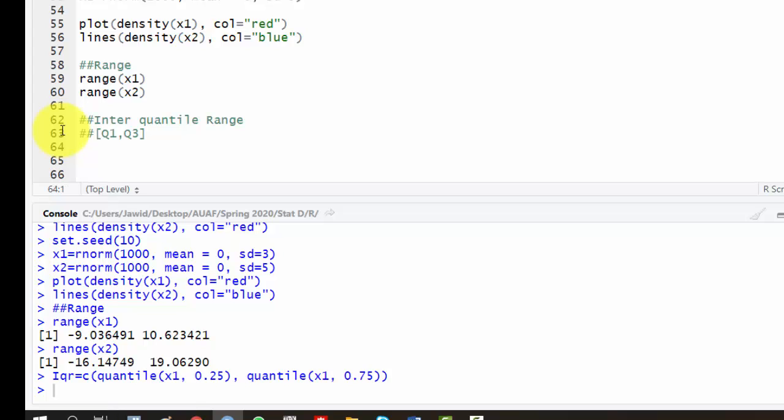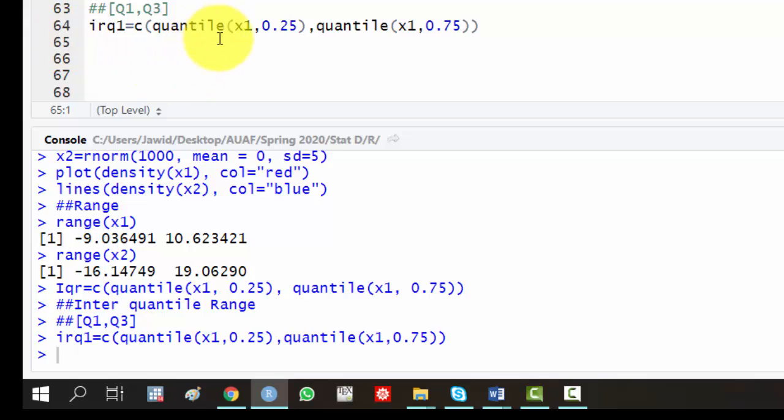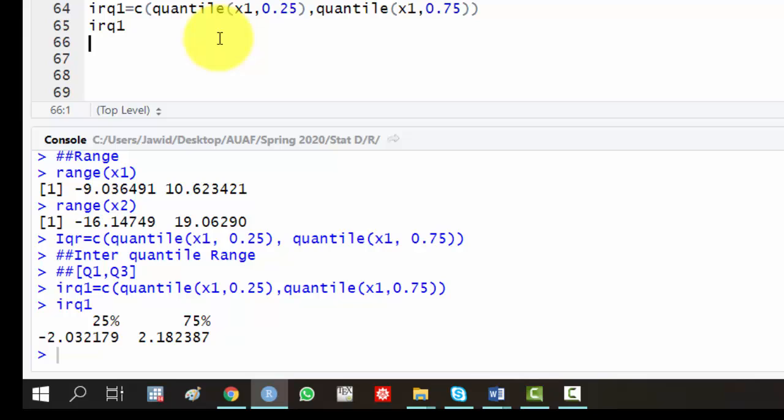So in order to construct the interquartile range, I call it IQR for x1, it is c of the first quantile, which is nothing but quantile x1 0.25, and ends at quantile x1 0.75. So this is the interquartile range. If you want to see it, let's run this and see what it is. You see, the interquartile range for the variable x1 starts from -2 and ends at 2.1.